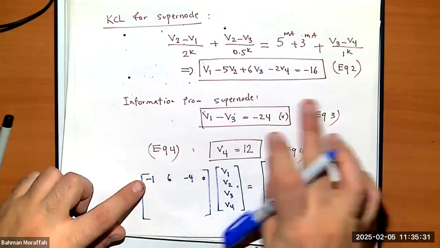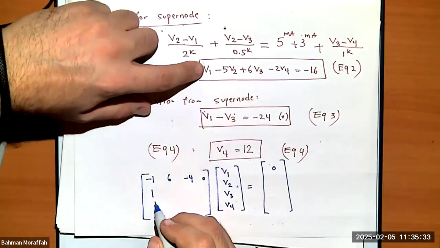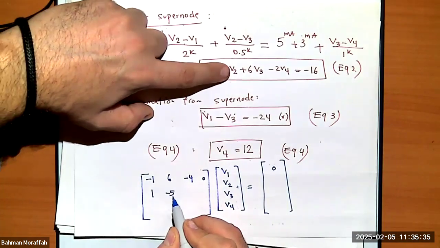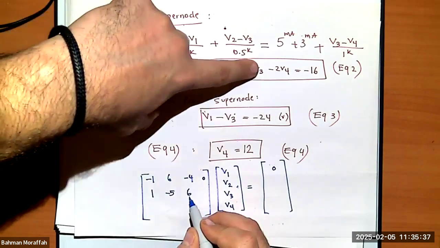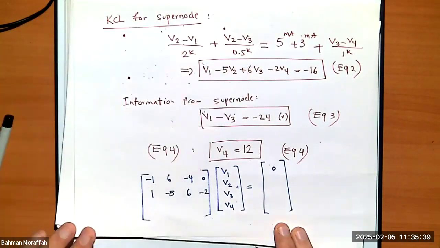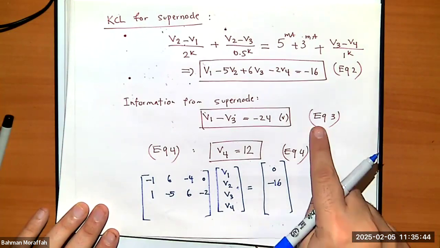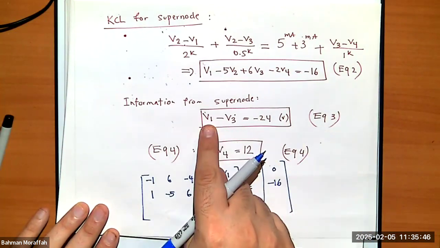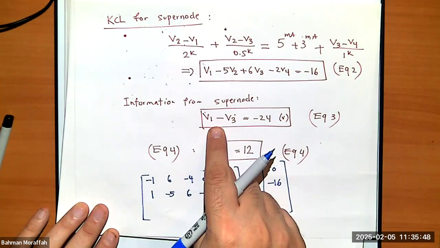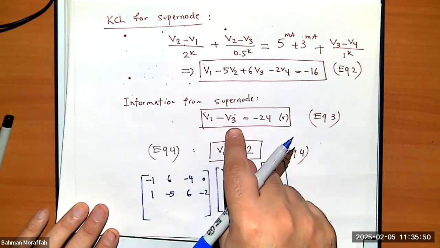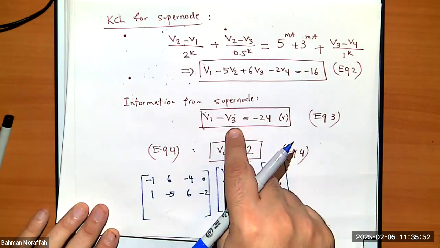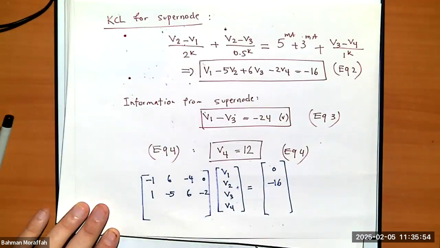Equation 2 tells me 1 times V1 minus 5 times V2 plus 6 times V3 minus 2 times V4, which should be negative 60. Equation 3 is 1 times V1 plus 0 times V2 minus 1 times V3 plus 0 times V4, which should be negative 24.